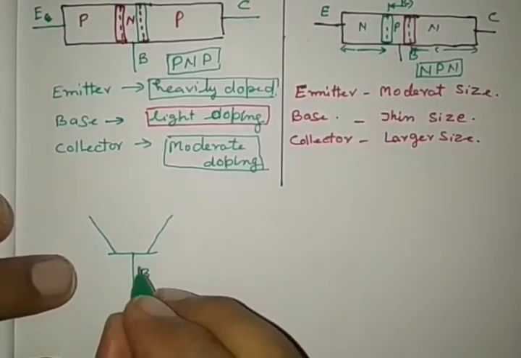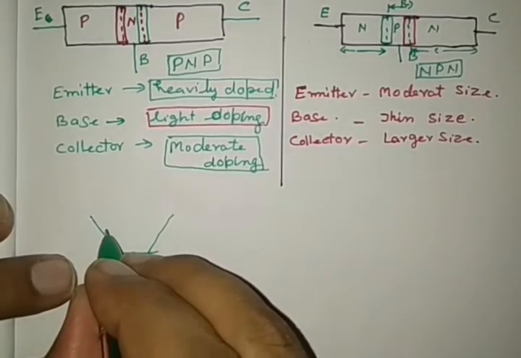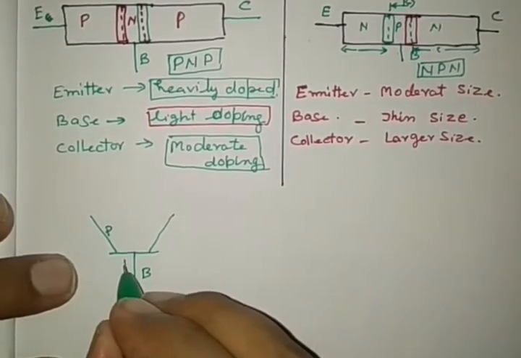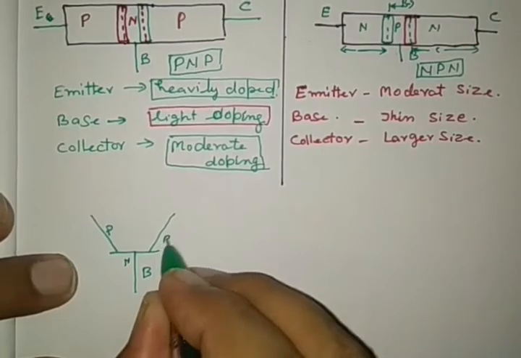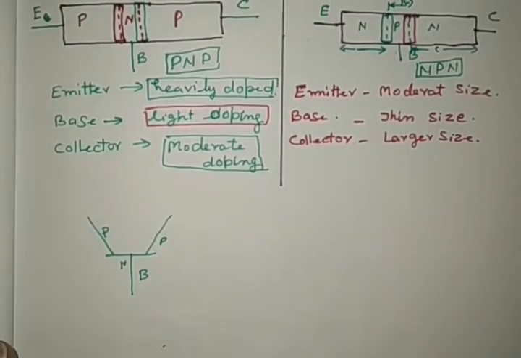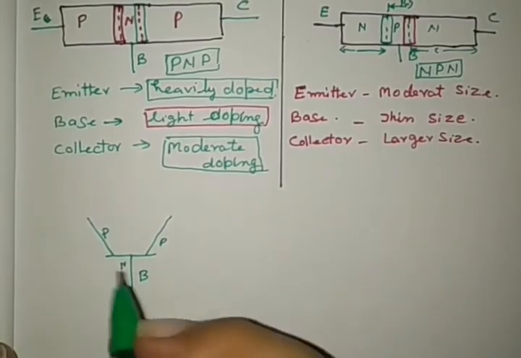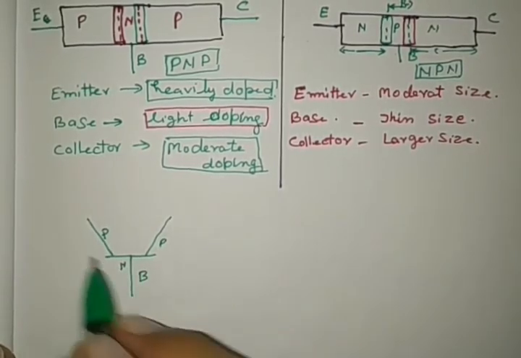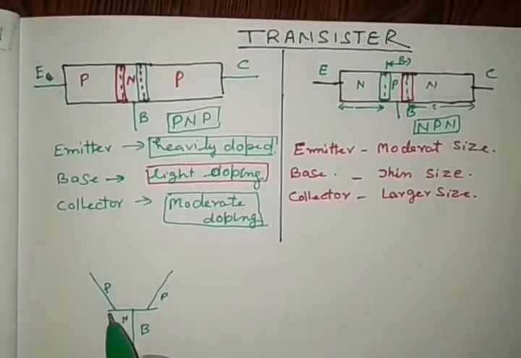It is P and P, so consider this is the emitter. See, this side is the emitter.